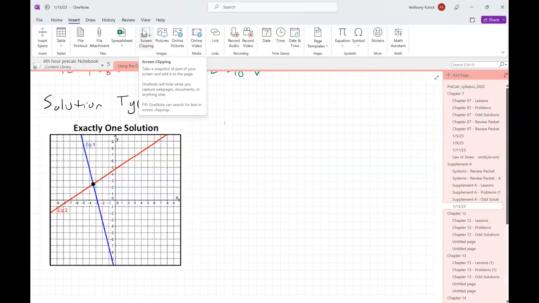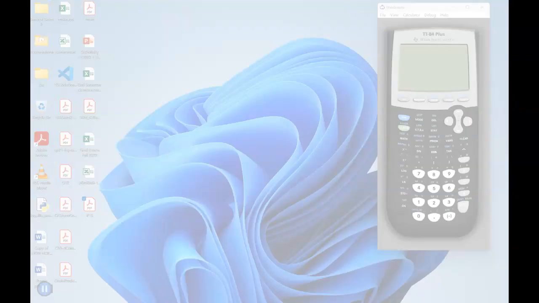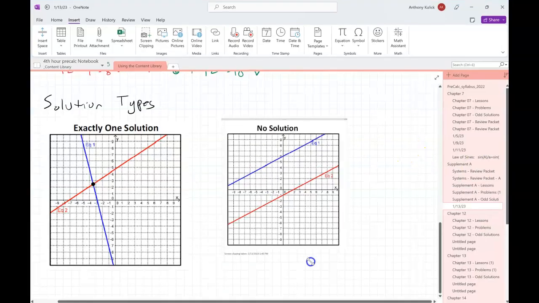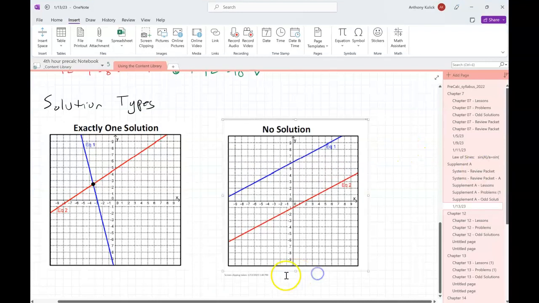Think back to geometry. Do lines have to intersect? No. What are those called? Parallel lines. That's right. So if you have parallel lines that never intersect, what do we say about that system? There's no solution. Right? Hopefully that's not super surprising.